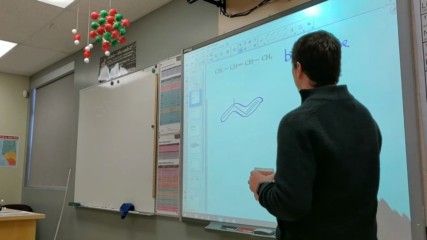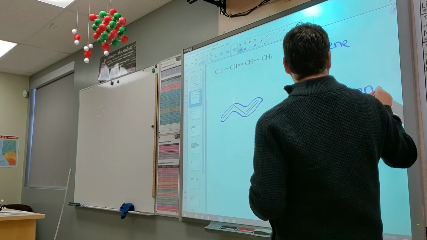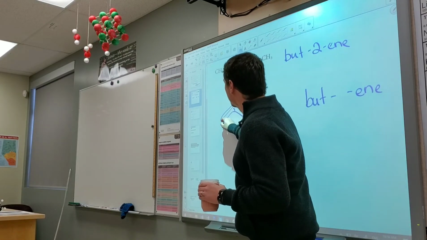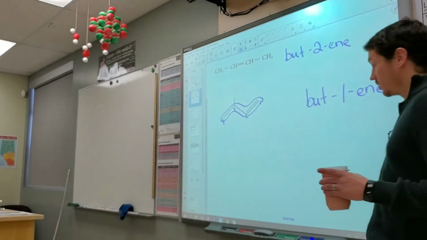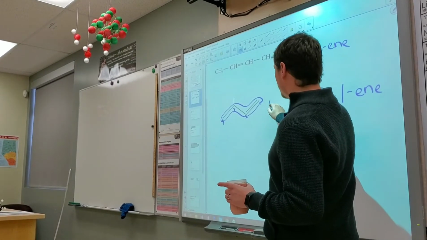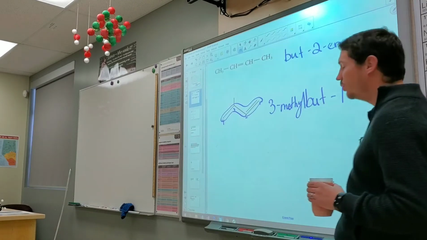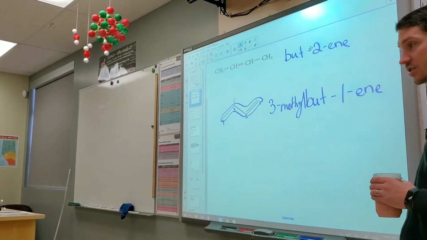So this is going to be but, and it's 1, 2, 3, 4. So but-1-ene. So just 3-methylbut-1-ene. Is this okay?